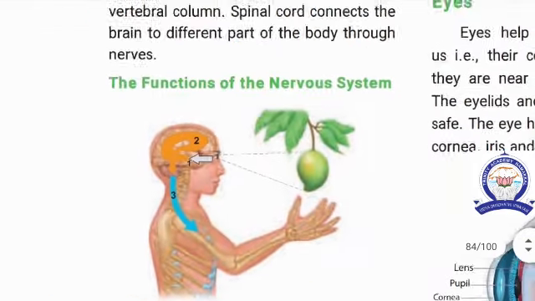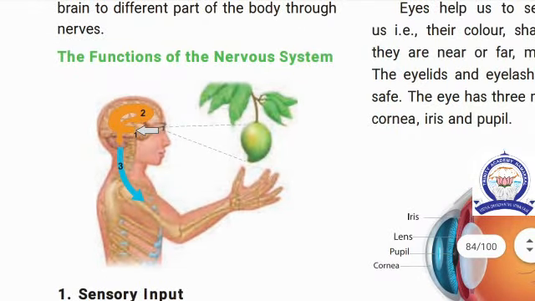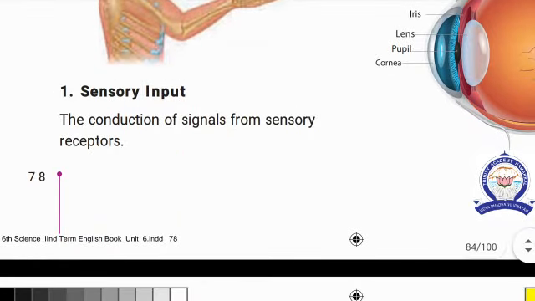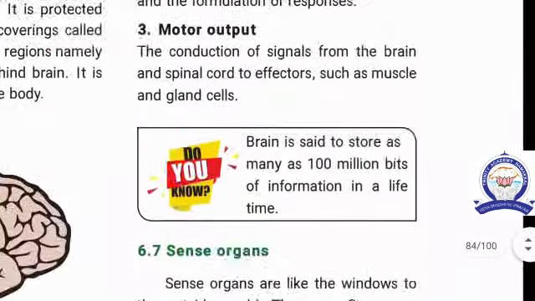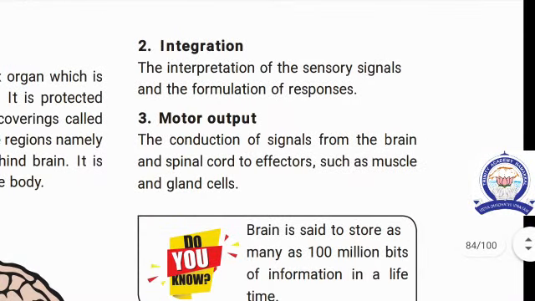Next chapter is functions of the nervous system. First function is sensory input. Sensory input means conduction through all the sensory organs. Second point is integration, to interpret sensory signals and formulate responses.